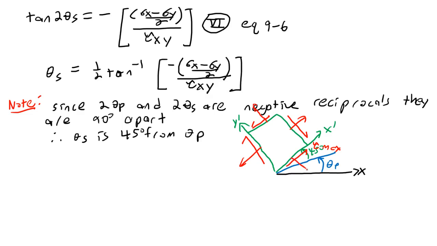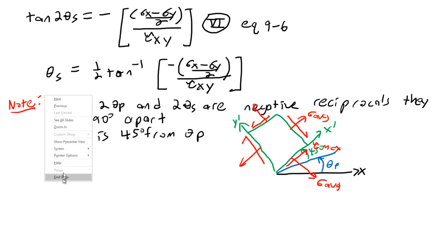Writing on top of my writing, which is never good form, but oh well. Sigma average, sigma average. We will get that shortly. Actually, I guess I won't necessarily go through that derivation. We'll see that more when we get to Mohr's circle. But essentially, the sigma average is the average normal stress across the entire plane.